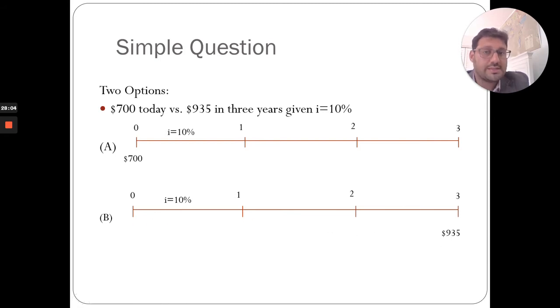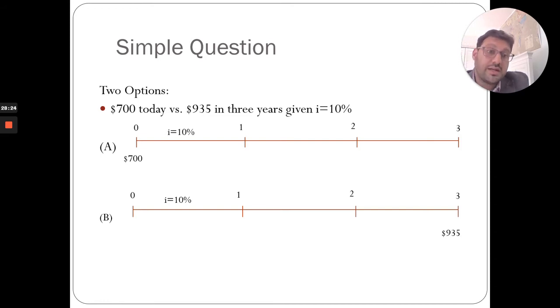So the only way is either compound it, add interest to this 700 in case of alternative A, and grow it to the future value after the third time period, and then compare its answer with the alternative B cash flows, which is 935.